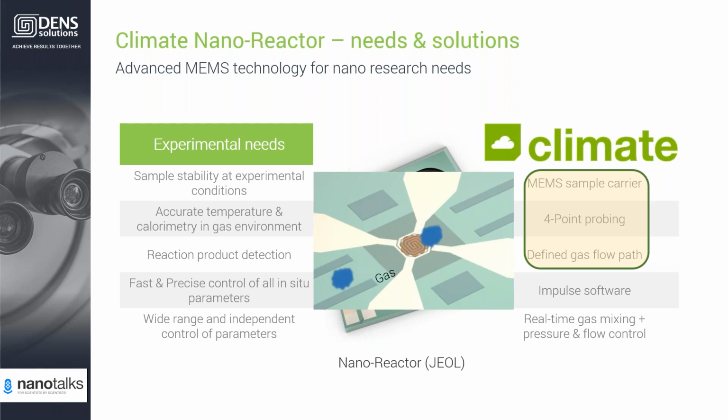Then you start a gas flow, and here you can see what we mean with a defined gas flow path. So the gas is not flowing all over the place, it's flowing exactly within the two parallel lines of the gas flow path. So all of the gas will cross the area where the heated sample is.